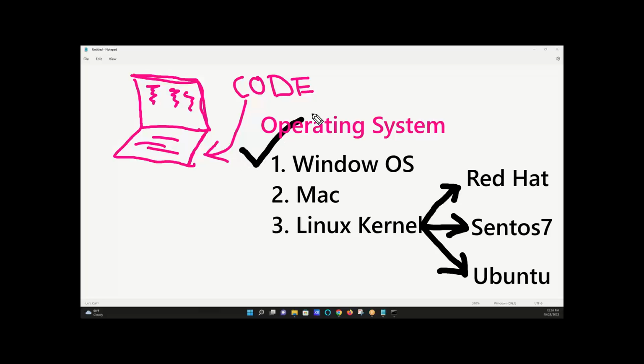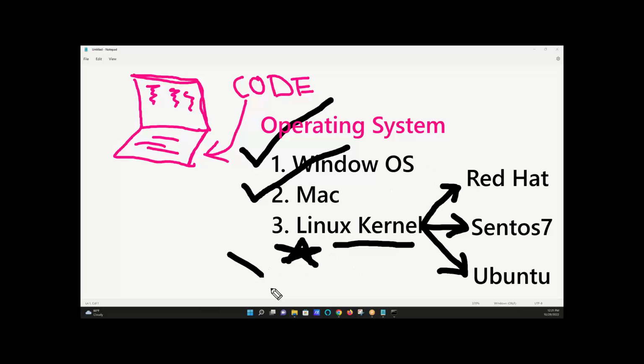Well, this costs money. This costs money, but this is free. Linux is free. And because Linux is free, it's used by a lot of people on the development side that don't like Windows and Mac, and it's customizable, meaning you can make it look the way you want it.